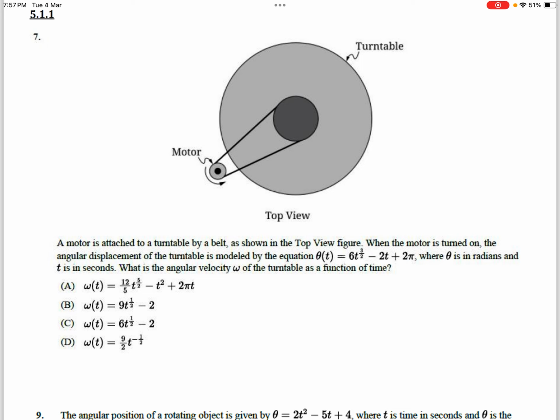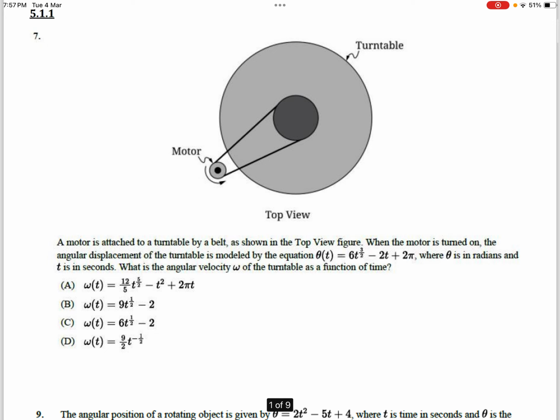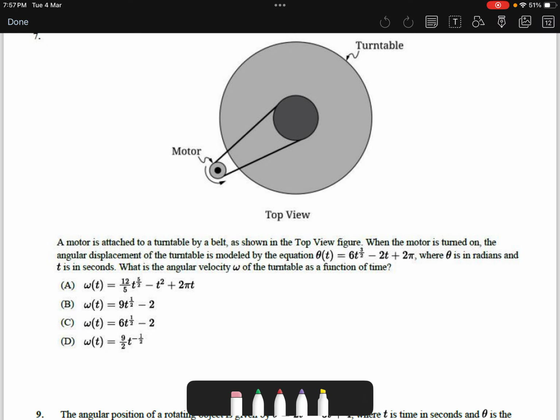As you can see, the question is asking about the angular velocity omega of the turntable as a function of time. As you know, omega equals the derivative of theta with respect to time. Theta is given in the equation.